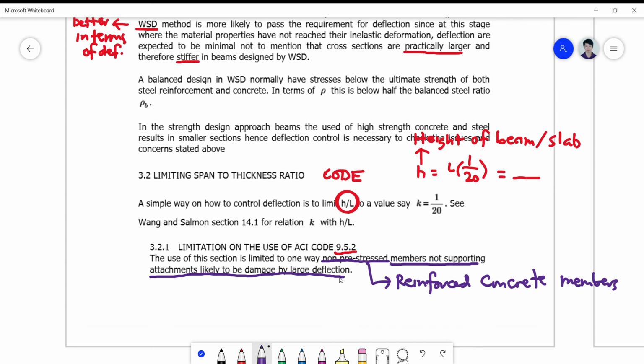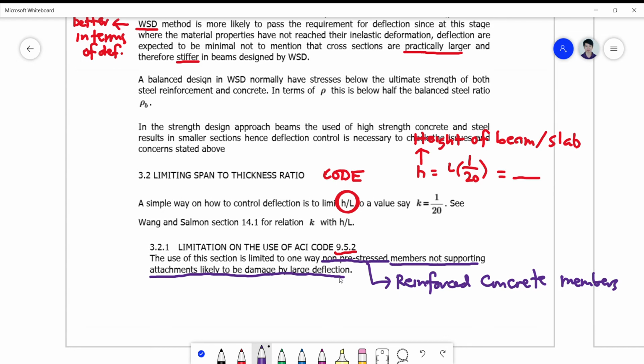Okay, so RC members which are not supporting any element attached to it, and it might be damaged by large deflection.